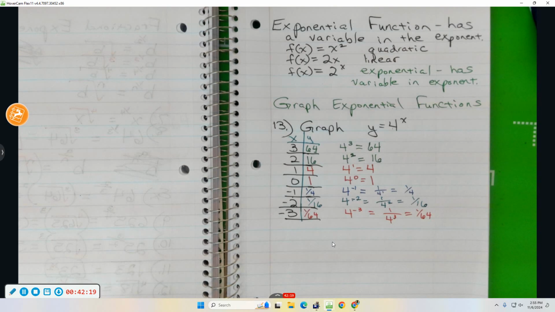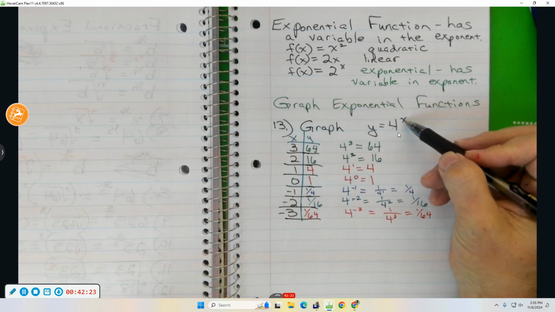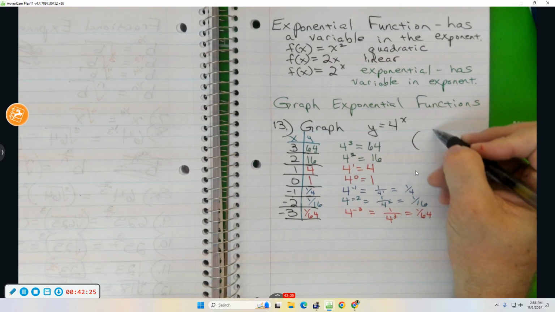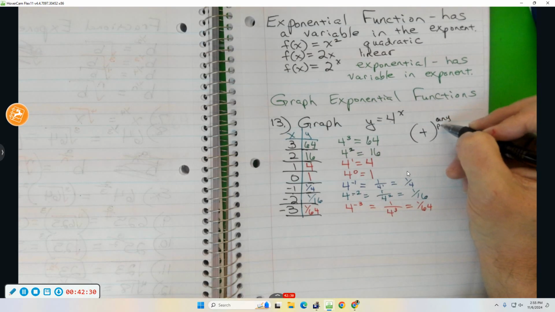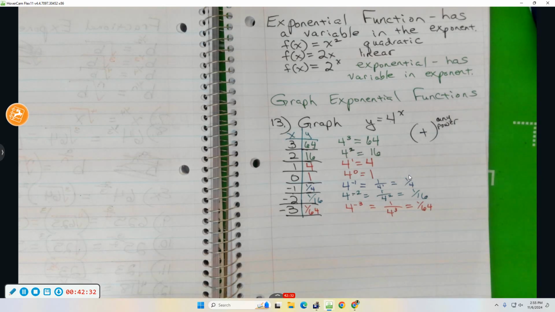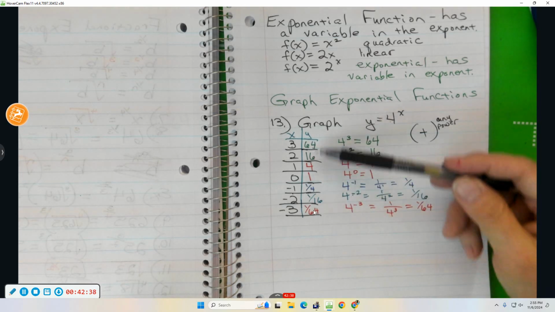Oh, before we go on, if you have a positive number to any power, doesn't matter what the exponent is, what sort of a result do you expect to get? Are you ever going to get any negative y values?